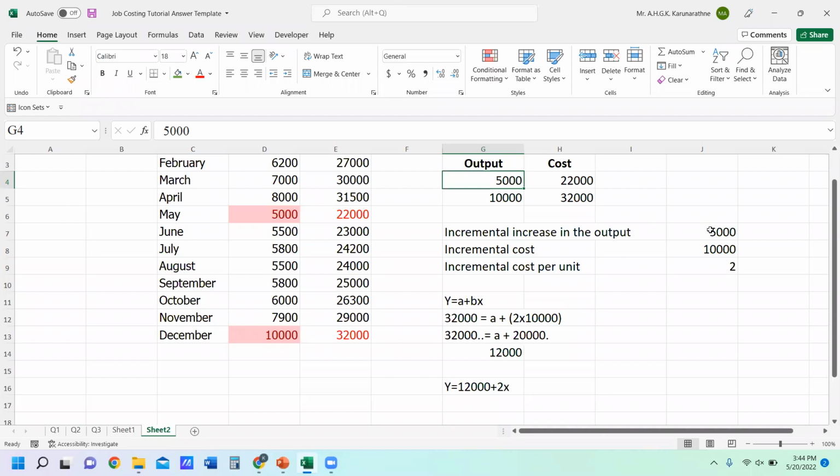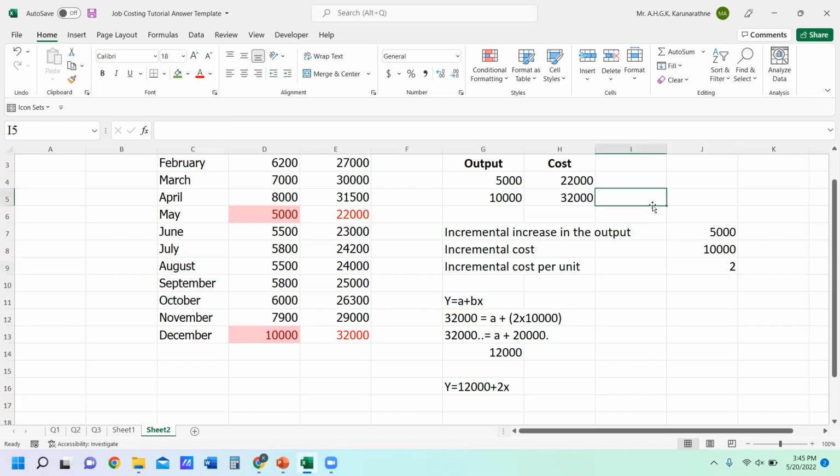That's what we did. The incremental unit is 5,000, and the incremental cost is the difference in total cost, 10,000. So the variable cost per unit is 2. Then, by substituting these into your original formula, you can identify the fixed cost.